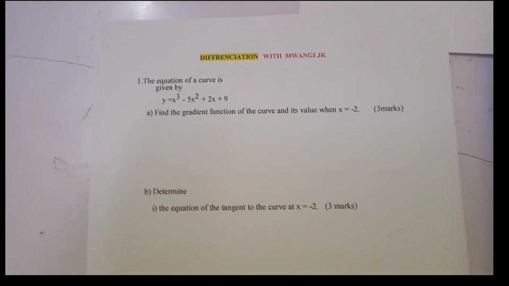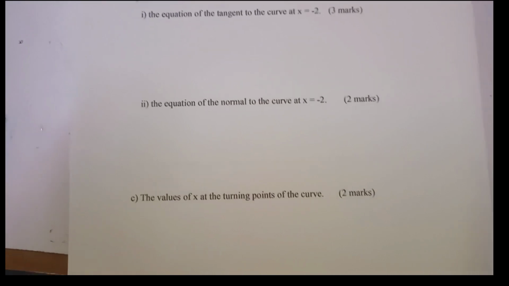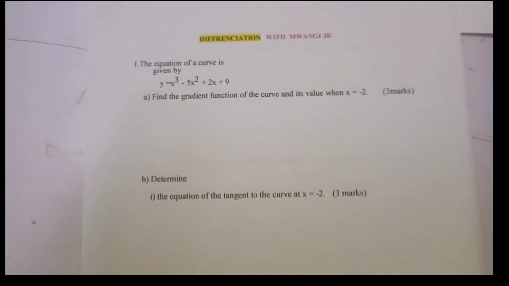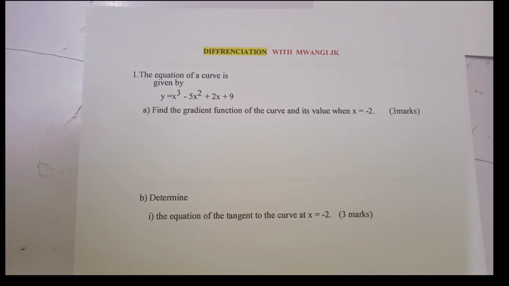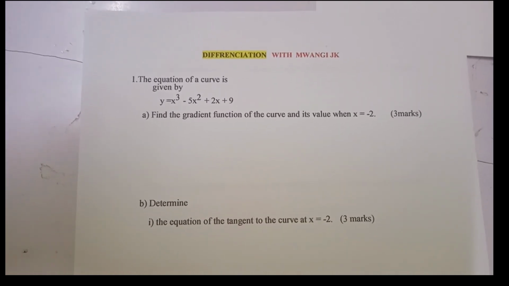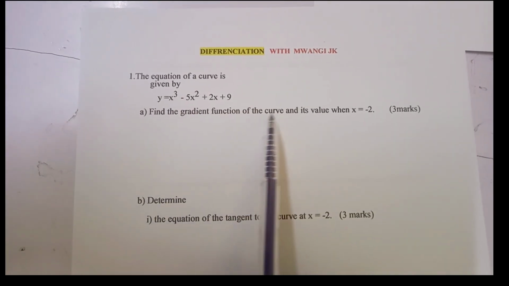So let's look at differentiation, the first part, which tests on the gradient of a tangent and the gradient of a parallel line. So the equation of a curve is given by that function.